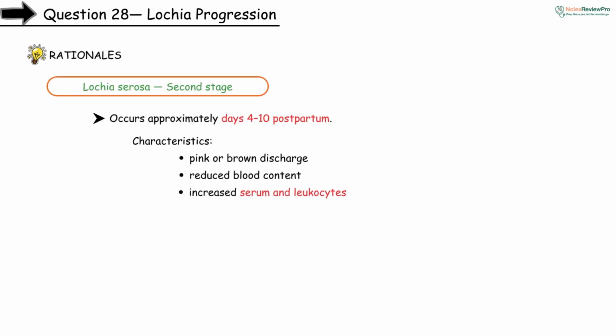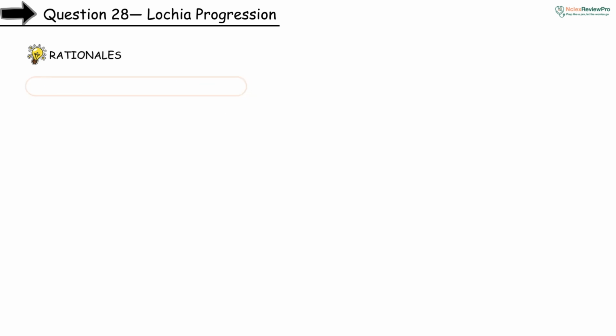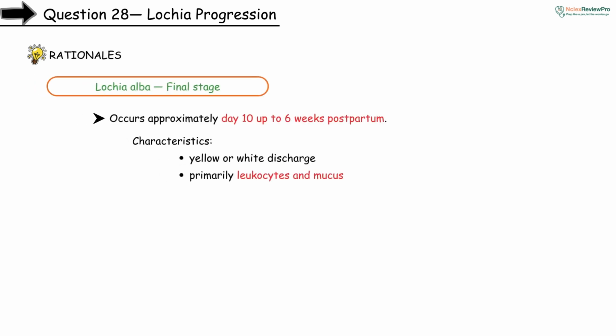Lochia serosa, second stage. This occurs around days 4 to 10. The discharge becomes pink or brown. This reflects decreased blood and increased serum and white blood cells. Lochia alba, final stage. This begins around day 10 and can last up to 6 weeks postpartum.